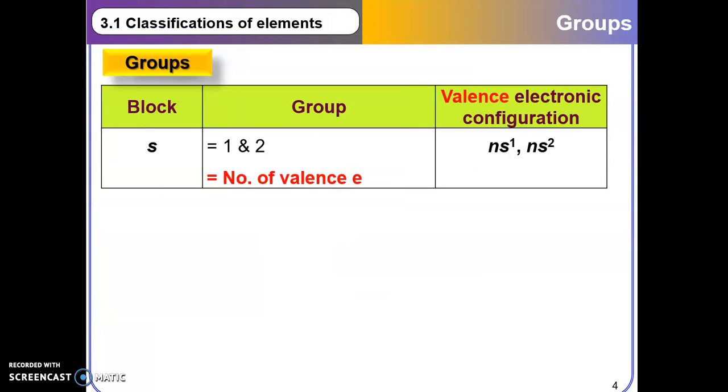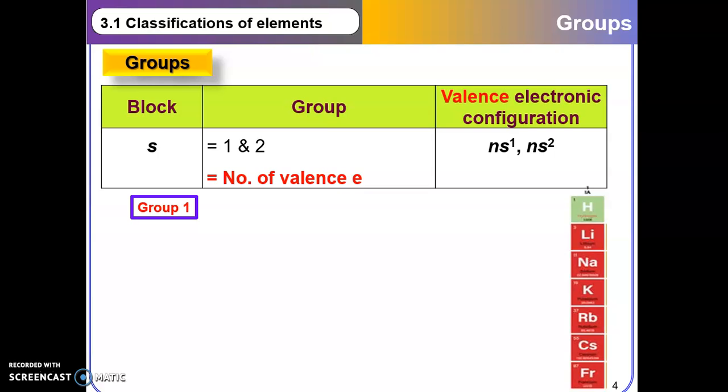Remind ourselves, we need to know the block of the element first, then only we can determine the group of the element. For example, group 1 elements, how do we know they are group 1 elements?